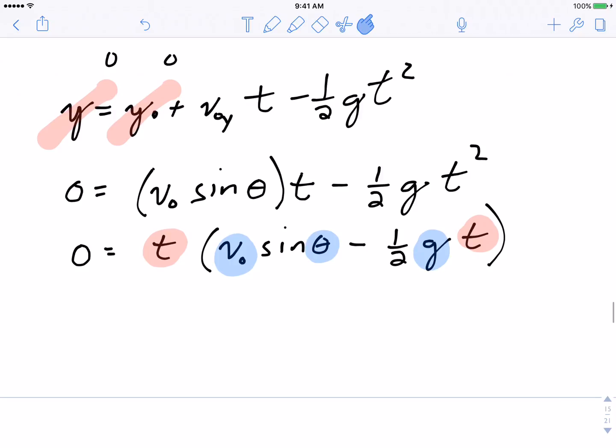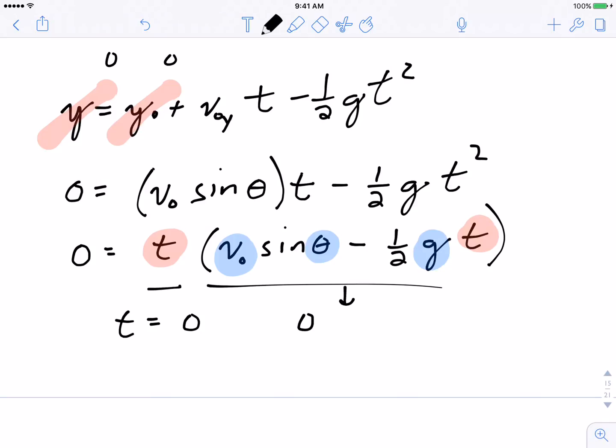Doing your math here, what we're saying is that this term multiplied by this term will give me 0. So one option is that t equals 0. All that's saying is that time equals 0, the height of the ball is 0 on the y-axis. True statement, not useful to me. The other thing I could do is get this term to be equal to 0.